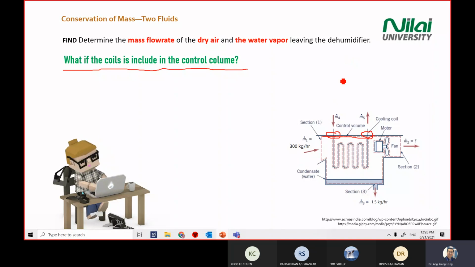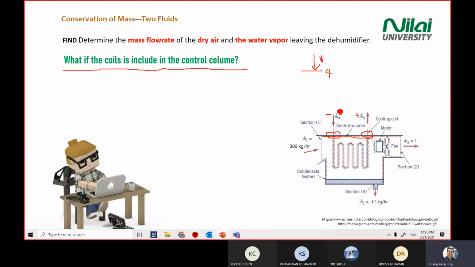If you look at the coil here, what goes in will always give you a negative sign, and what goes out gives a positive sign. If you don't know, just draw the diagram. Velocity going in, this is 0.4, and here 0.4.